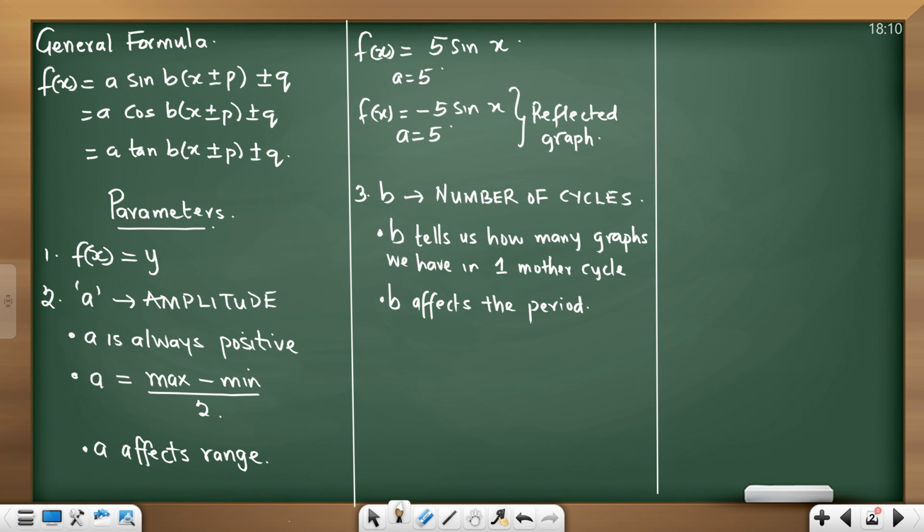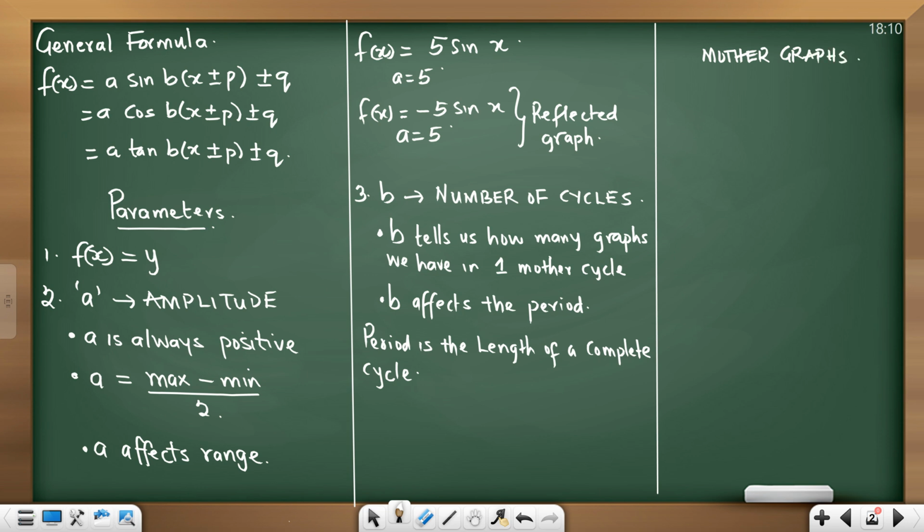The question is, we must know what a period is. Period is the length of a complete graph or a complete cycle. Let's go through grade 10 very, very fast. Mother graph, which is the original graph.